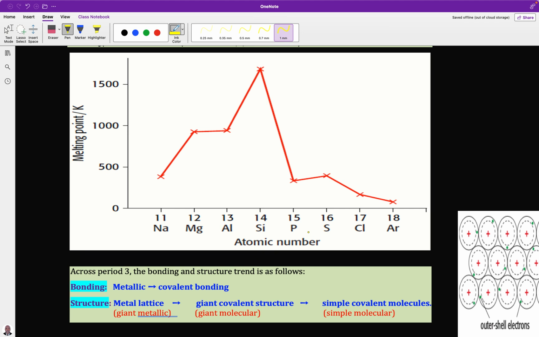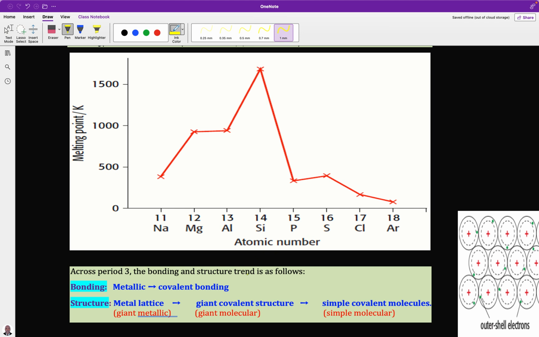So there are more delocalized electrons available to drift across the structure when aluminum metal conducts electric current, more than magnesium and more than sodium. In that case, we can say aluminum is a better conductor than magnesium and sodium.